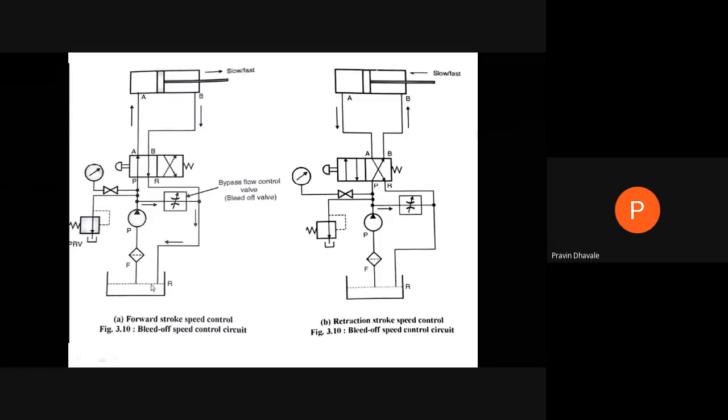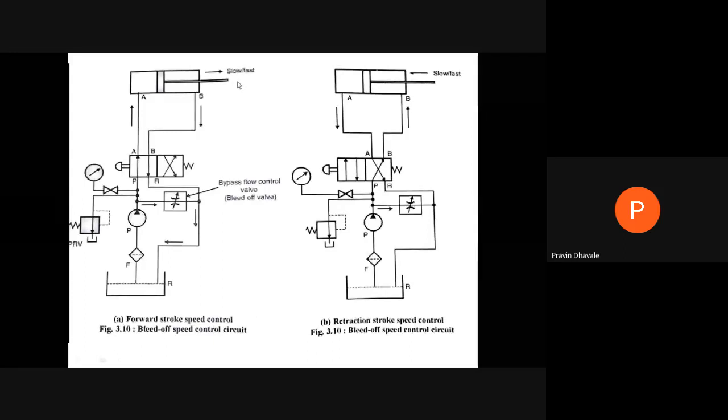If you observe this diagram, when the pump starts, it provides 100 liter per minute to the A port at the left hand side of the piston. At that time, the speed of the piston will be 10 meter per second. Now, we require that speed to be 5 meter per second.